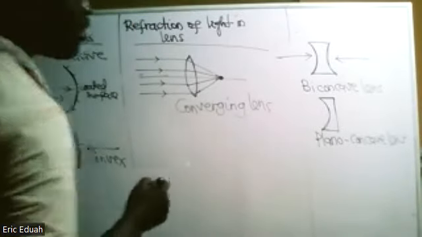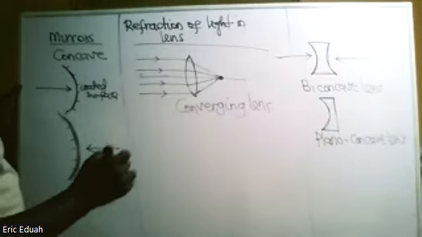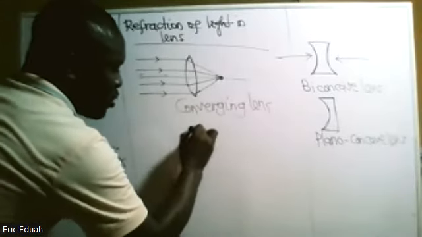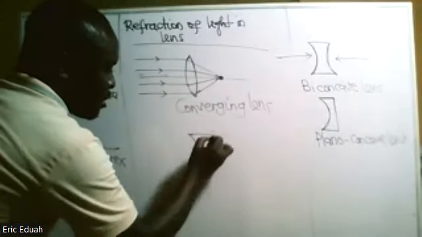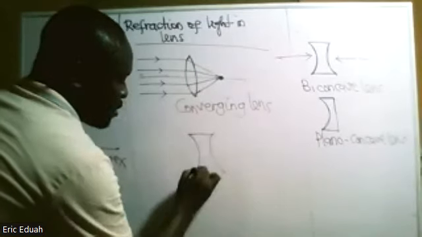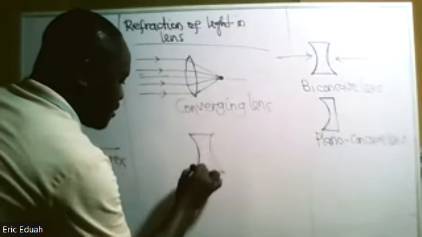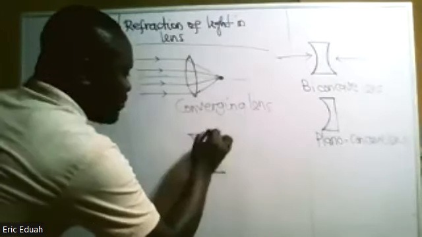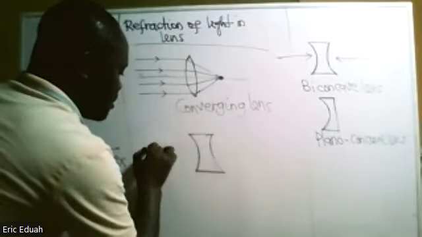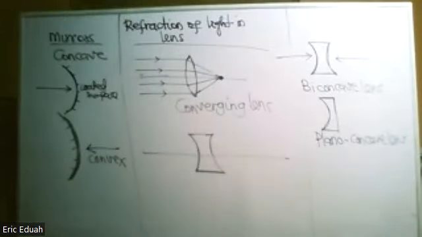For concave, let me draw one. For a concave lens, this is the principal axis.